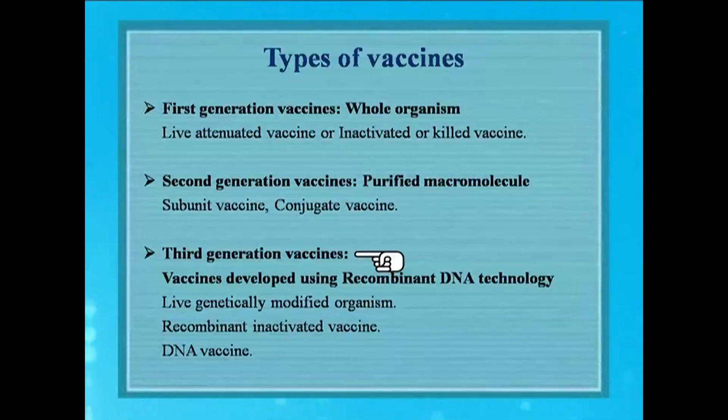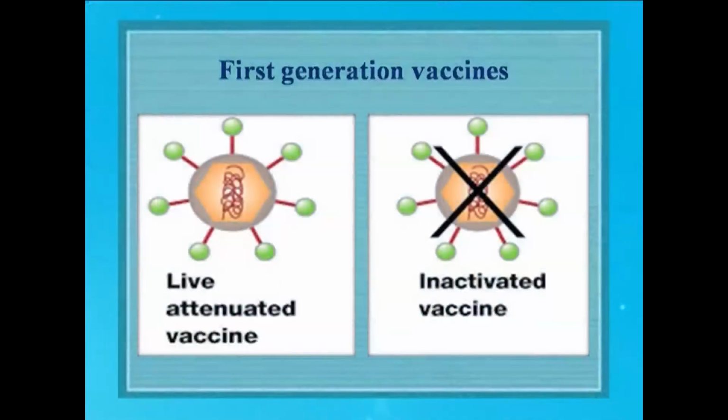The genetic material enters the system and is expressed into a protein. That protein is considered foreign by the immune system, which activates and generates immunity against that foreign protein. I will tell you mainly about first generation and second generation vaccines.